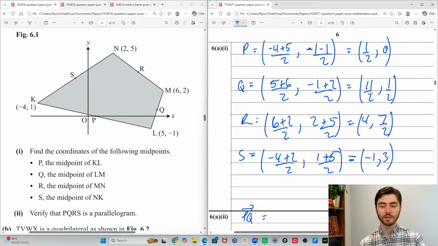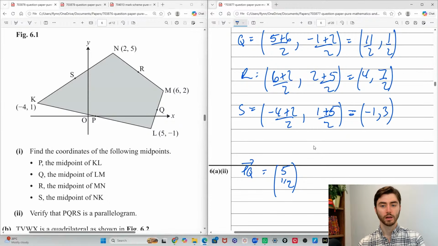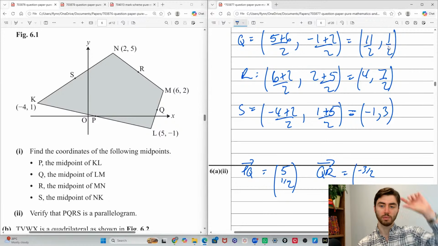Well, in order to go from P to Q, I have to add 10 over 2, which is 5 and a half. So that's that vector. QR, I need to go minus 3 over 2 in the x. And I need to go plus 6 over 2, which is plus 3 in the y.